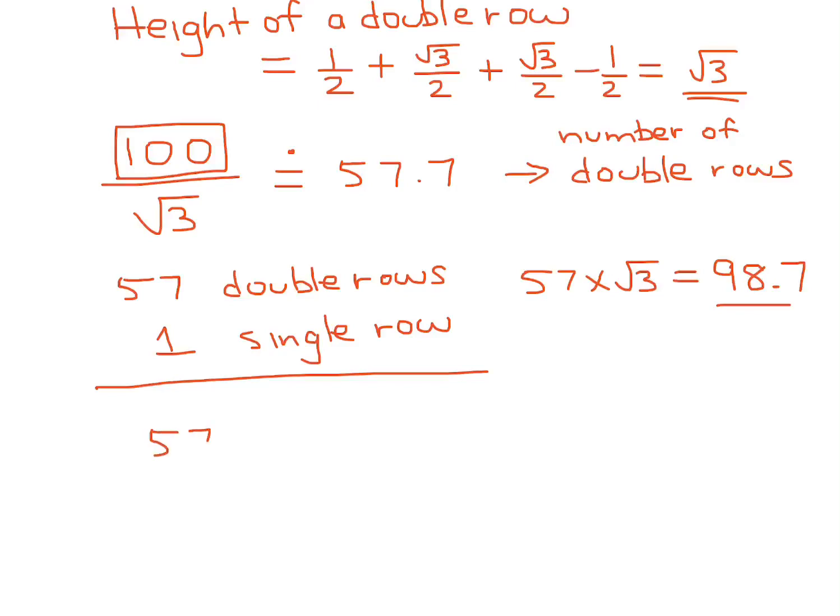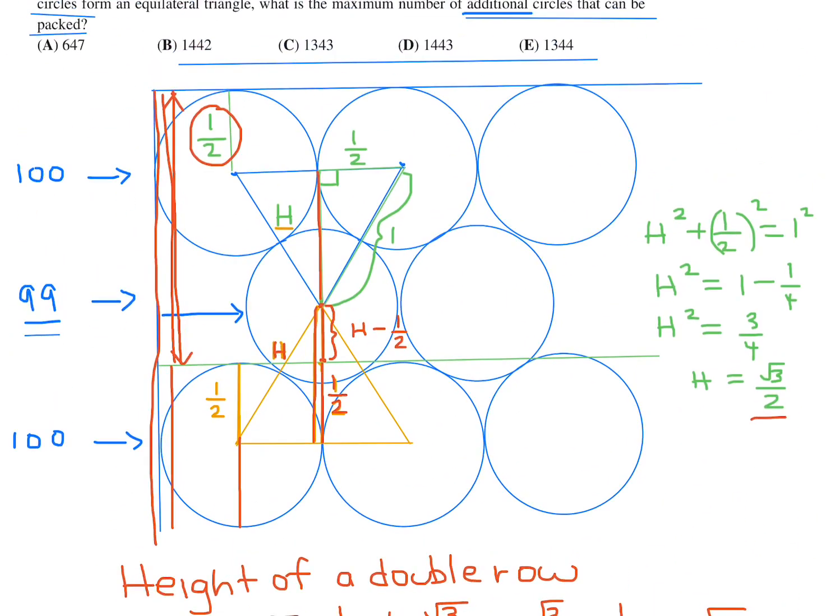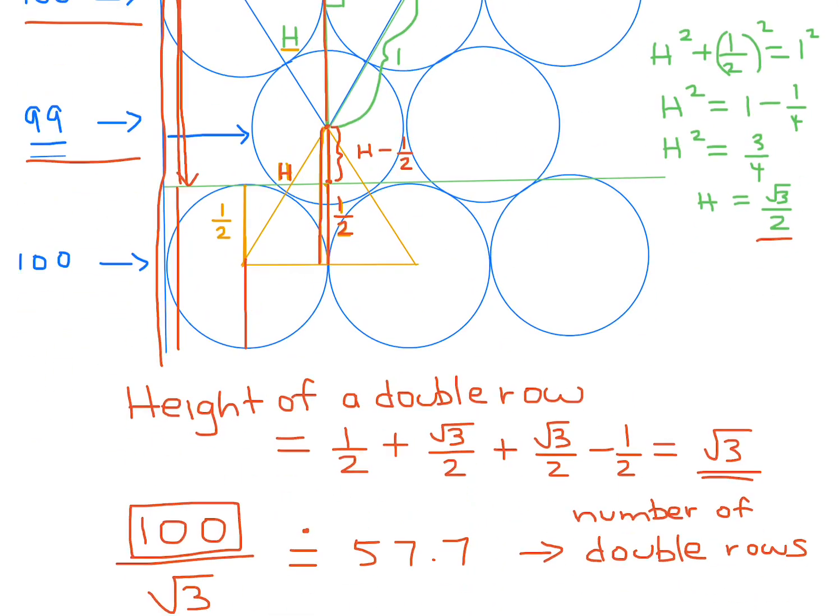Well, in the 57 double rows, how many circles did we have? Well, we had 100 and we had 99. Remember, that's very important to understand. In this part, we had 100, and in this part, we had 99, and that consists of a double row.